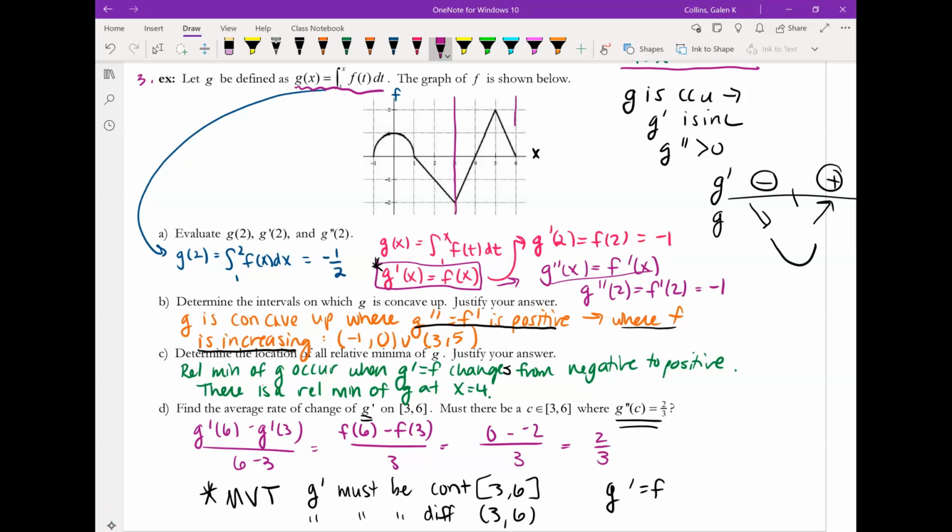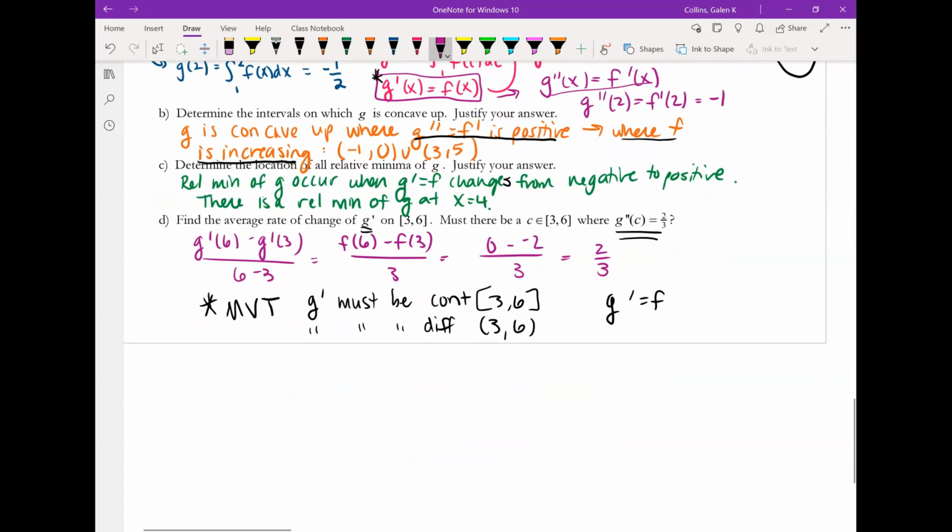However, is f differentiable? No. At x equals 5, f has a corner. And so the slope from the left does not match the slope from the right, or the derivative from the left does not match the derivative from the right. So I cannot apply MVT. So we cannot guarantee this with MVT.